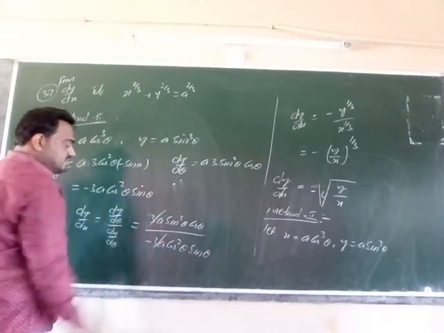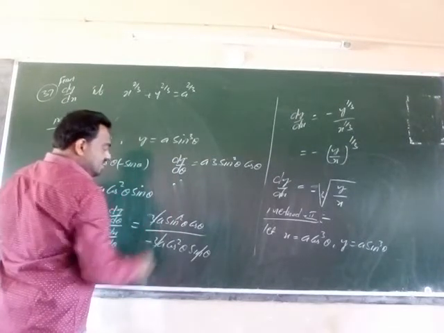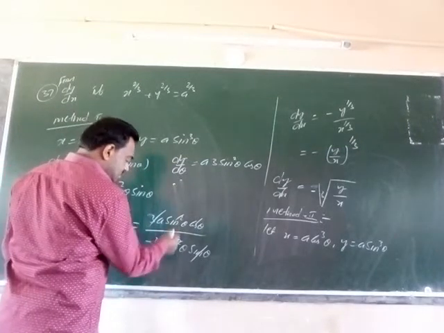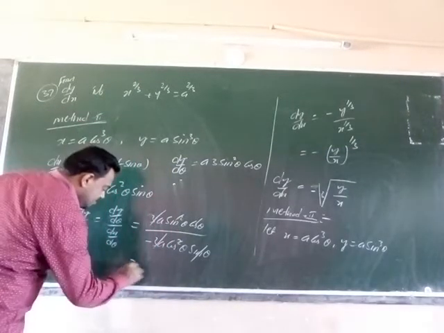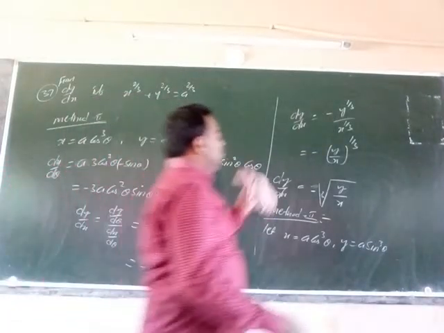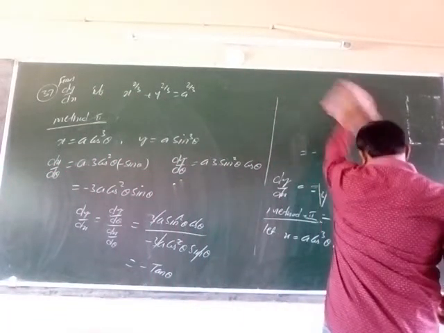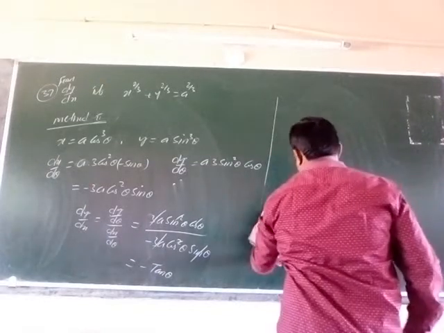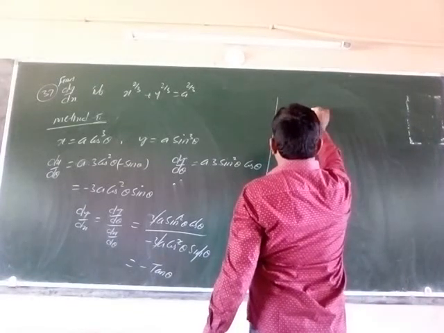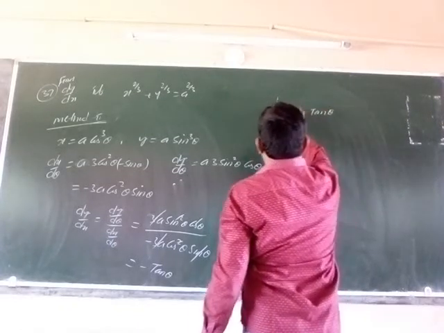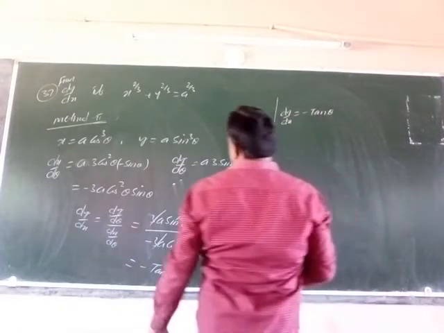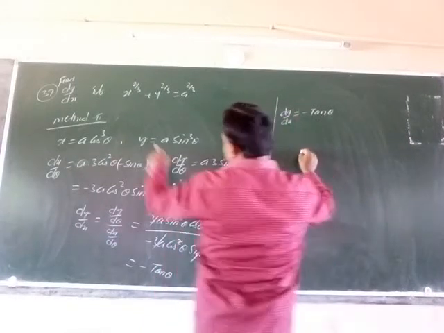So 3a gets cancelled, sin theta and cos theta get cancelled. What remains is sin theta by cos theta with a minus, so minus tan theta. So dy by dx is equal to minus tan theta. Now you find y by x.